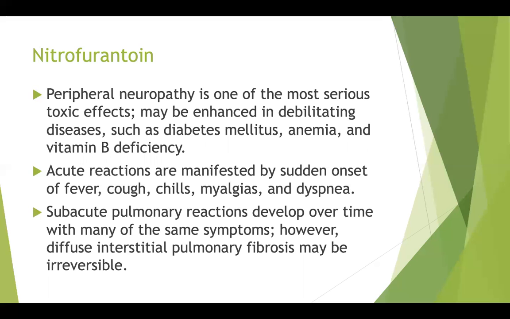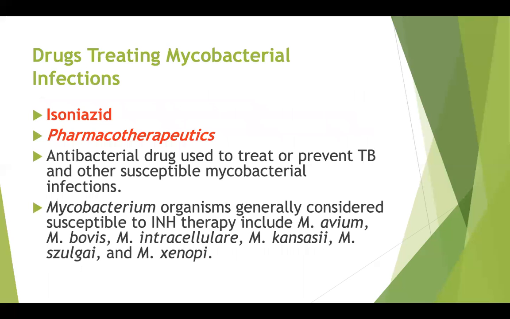It means that once you have this pulmonary fibrosis, sometimes it cannot be reversed or go back to normal. And in the final minutes of my lecture, it is all about the medications used for mycobacterial infections. One of the most common of these is tuberculosis.